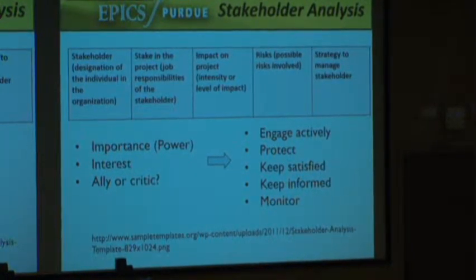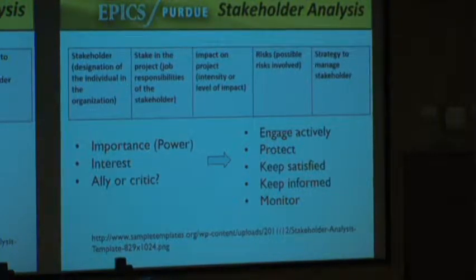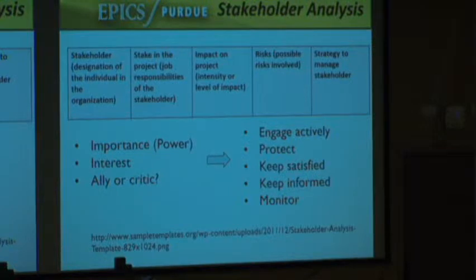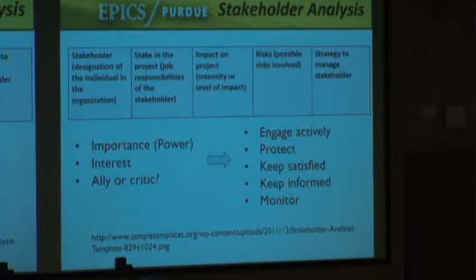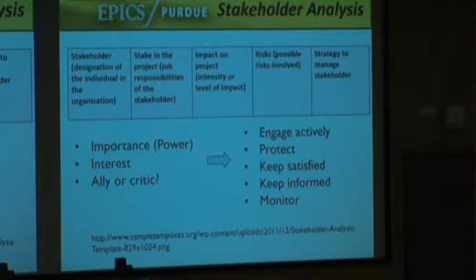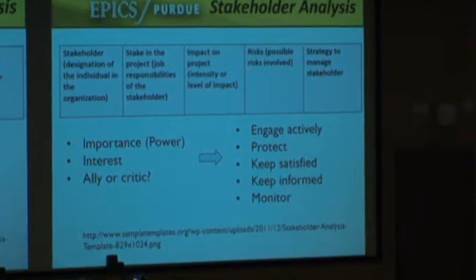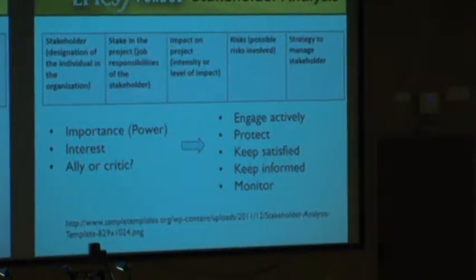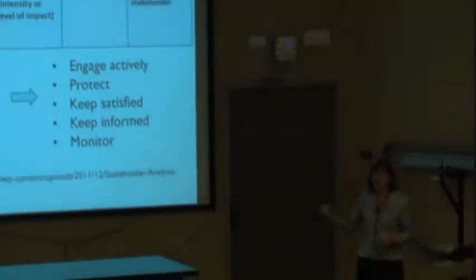So it might be a monthly email just to update them on what's going on. That might be how you interact with maybe the director of something that you're doing. But if you really want to find out how the kids are responding to it, are you going to do something different? Yeah, so you're going to have a different plan for them. Their needs are going to be very important, but then you're probably going to engage them differently.